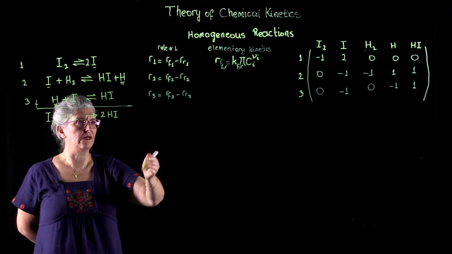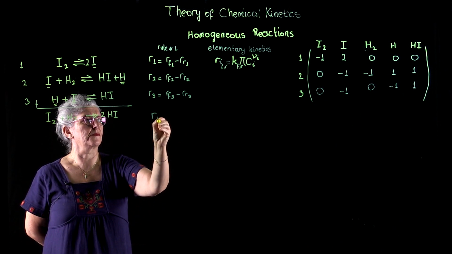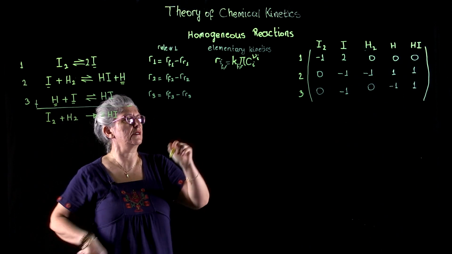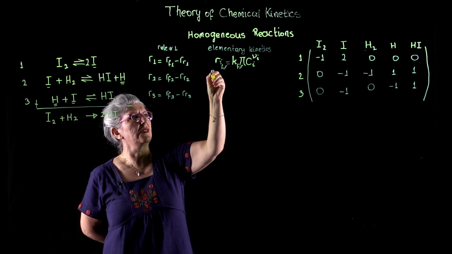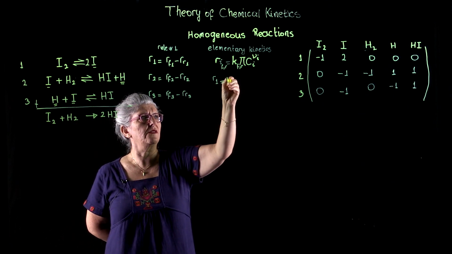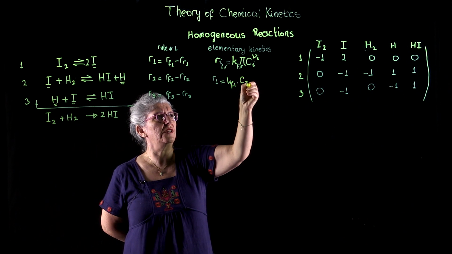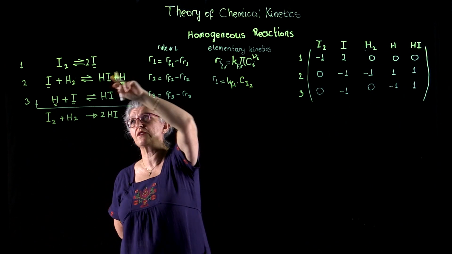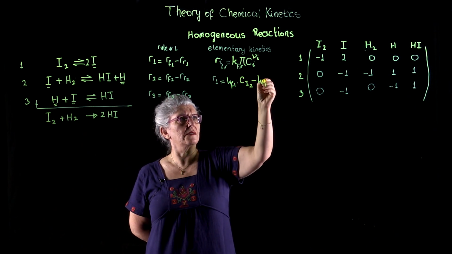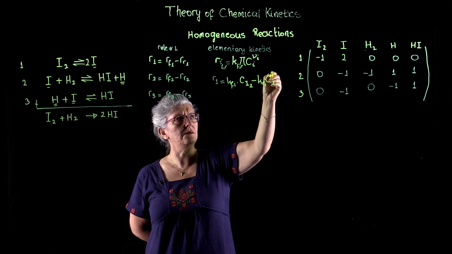Rate 1 is equal to rate forward 1, K forward 1 times concentration of iodide molecule raised to the power of its stoichiometric coefficient, which is 1, minus K reverse 1 times concentration of the atomic iodide, iodine atom, raised to the power 2.